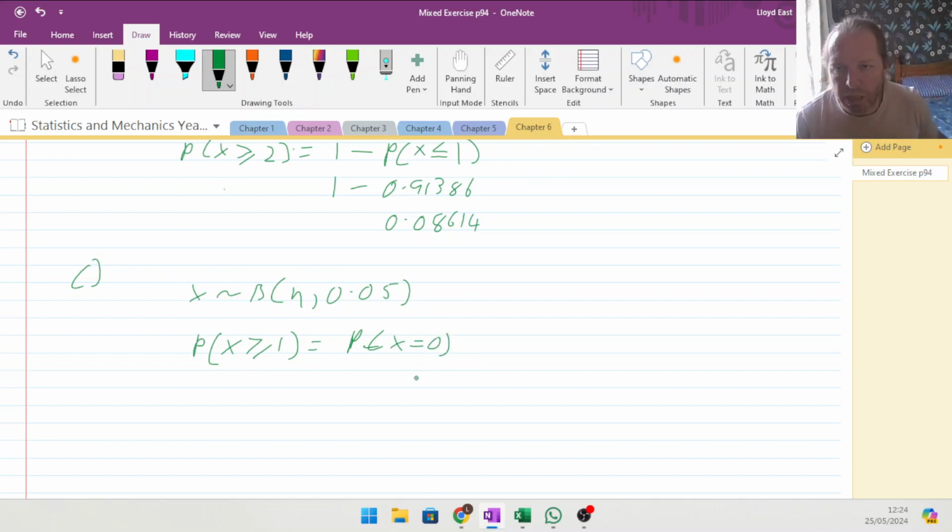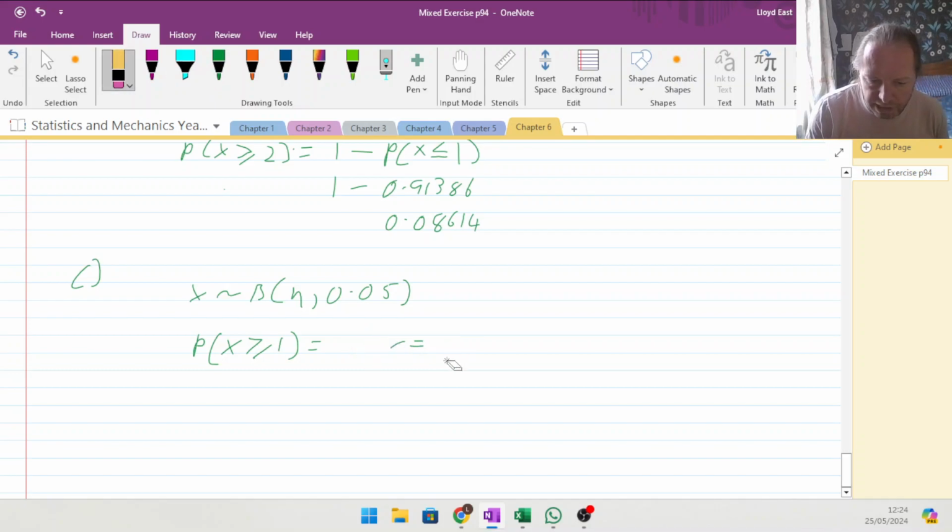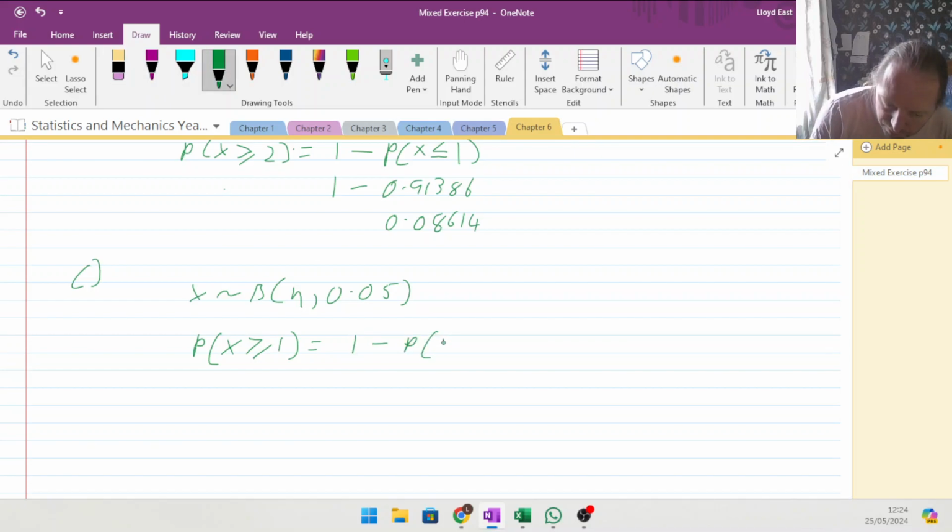Okay, so it's going to be 1 minus the probability of x being less than or equal to 0, which is basically equal to 0.